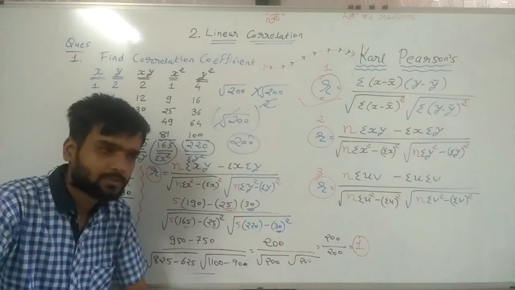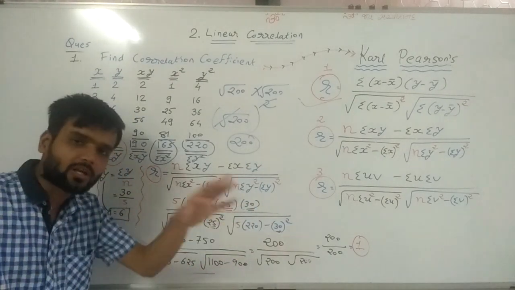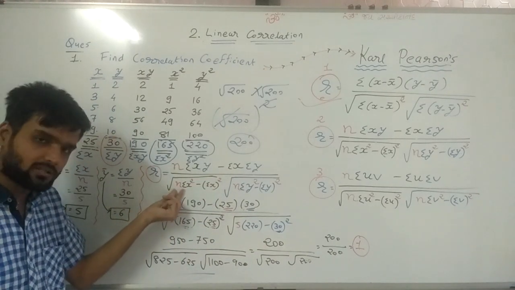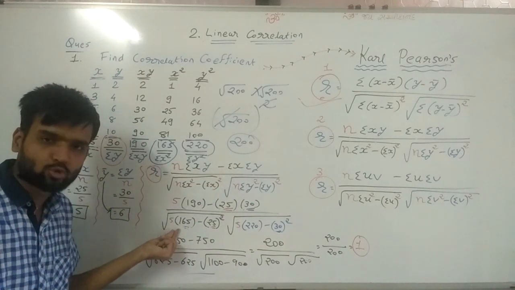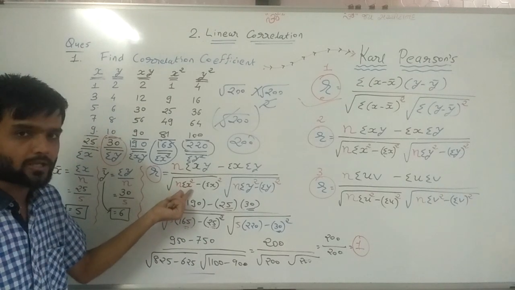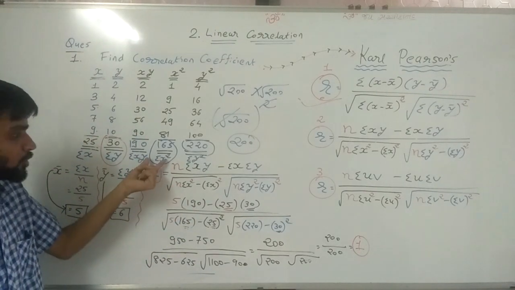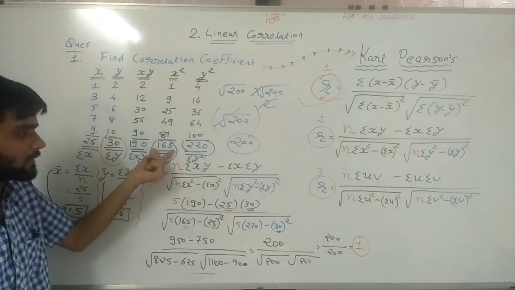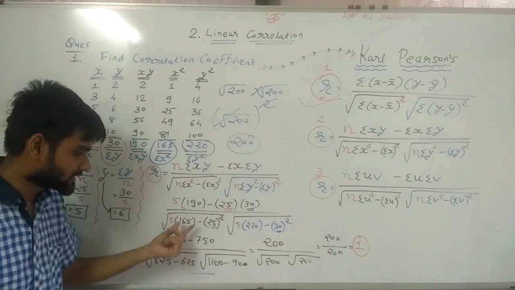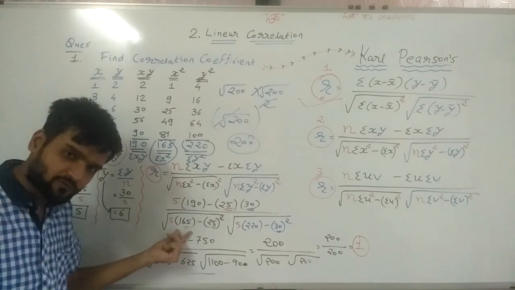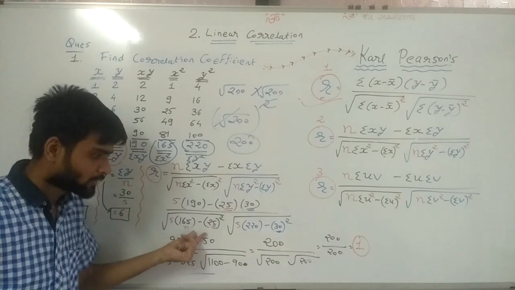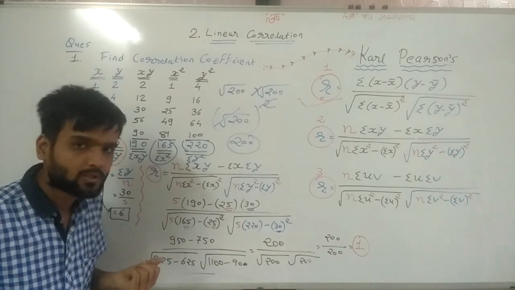Numerator clear. Now divide by, in the denominator under root, again n is equal to 5, no change. Sigma x square is the fourth column, 165. So 5 into 165 minus 25 whole square.